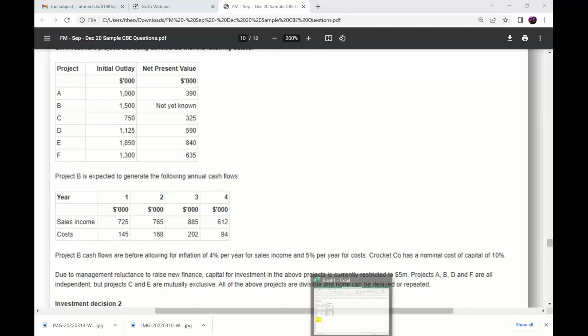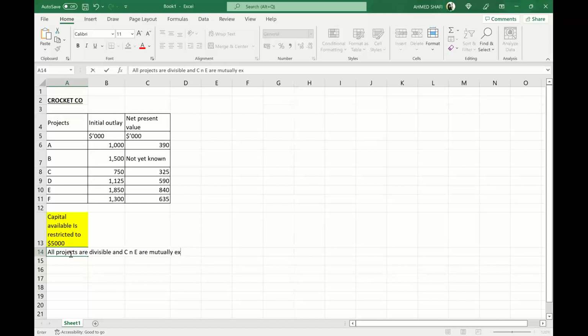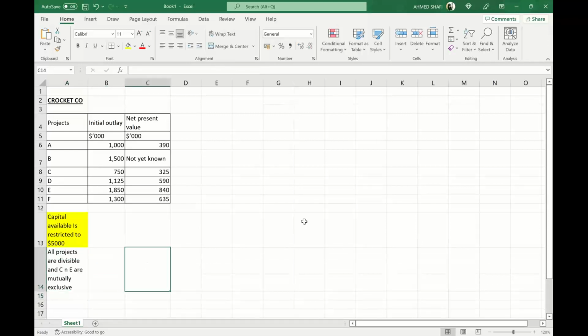So one last thing: all projects are divisible and C and E are mutually exclusive. This is what the information was.